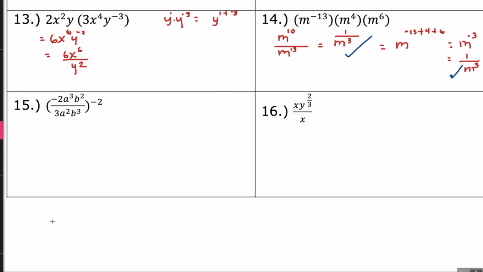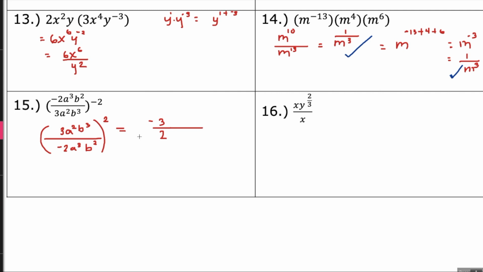So what you can do is I can write down 3a squared b cubed here, and the opposite, put this one below, negative 2a^3 b squared, and then I will raise it to 2. Okay, now the coefficients, I can just write down negative 3 over 2.